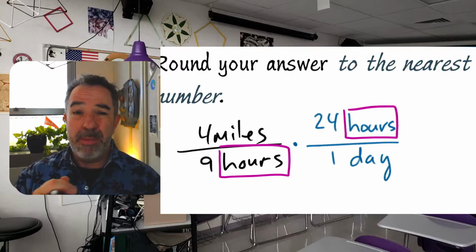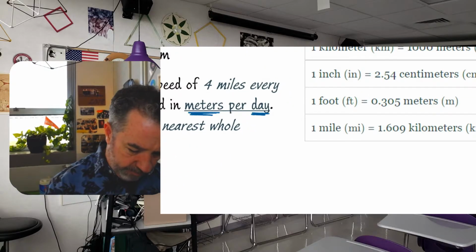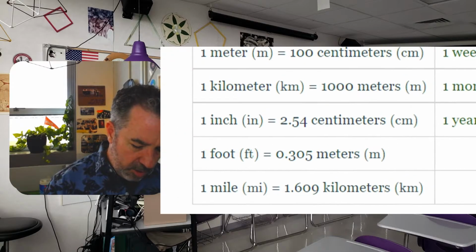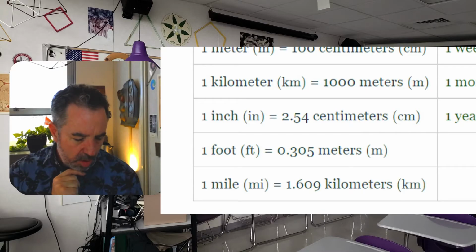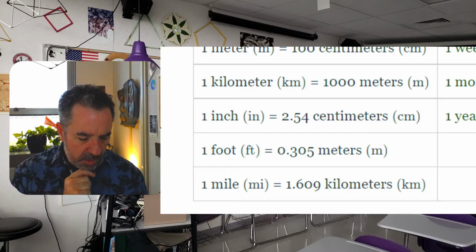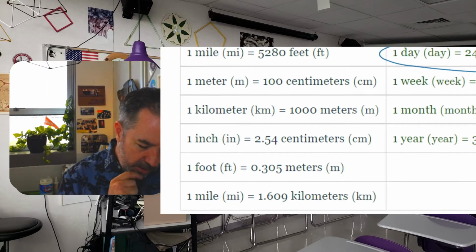But now I've got to get to meters. Okay, so let's see what they've got here. There's two things that they're going to allow us to use to get from miles to meters, and it's this. Well, let's see.